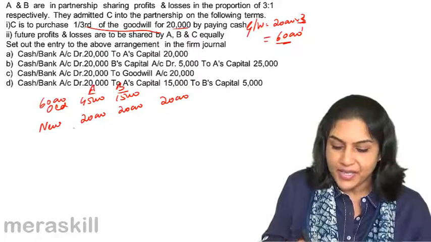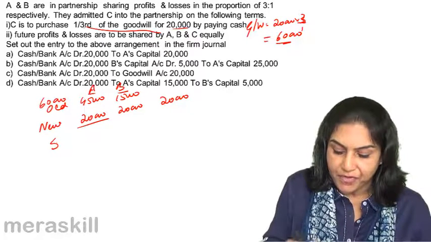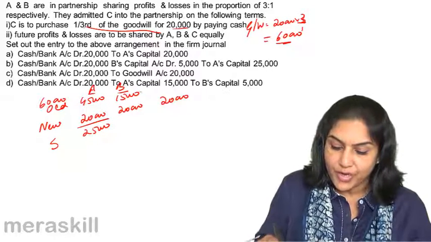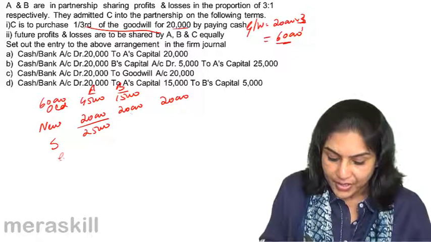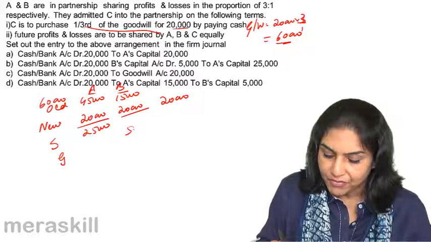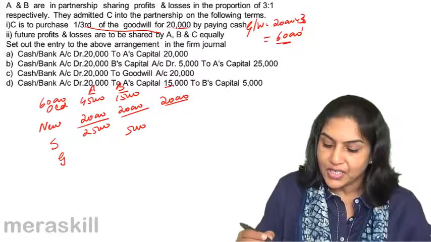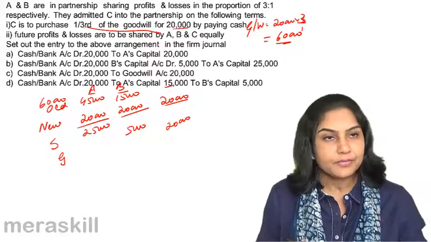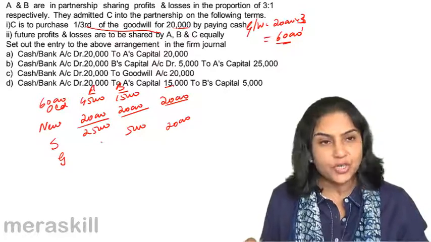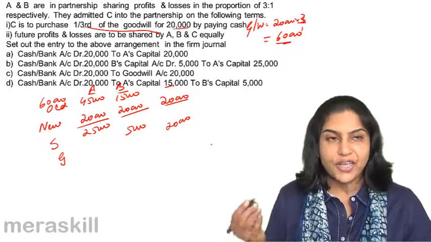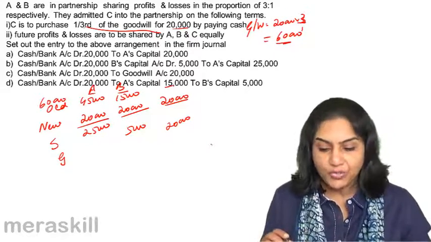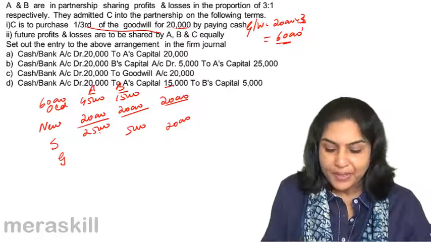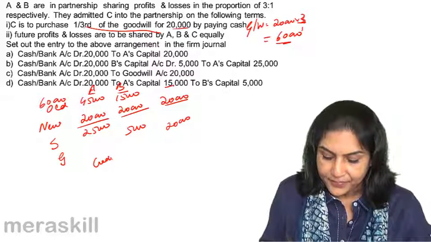So A sacrifices 25,000. B stands to gain. B was getting 15, now he will get 20. So B's gain is actually 5,000. And of course, C did not have anything, so C stands to gain 20,000. This is another way in which we could do it. We know cash comes in amounting to 20,000, and the sacrificing partner's capital account will be credited.